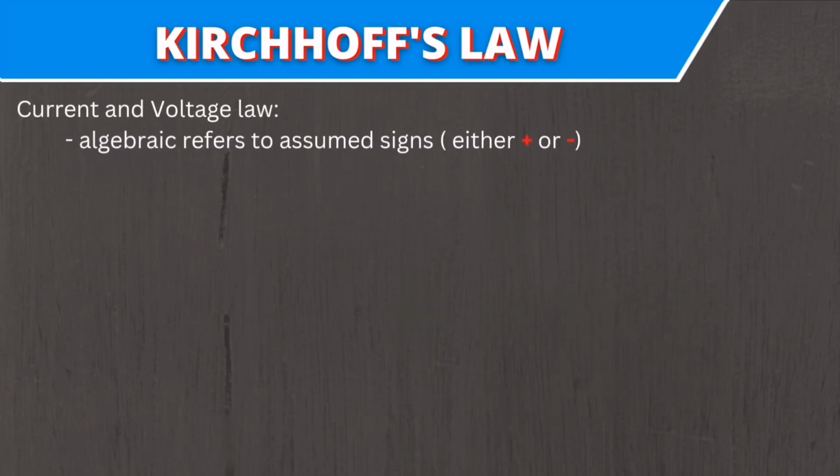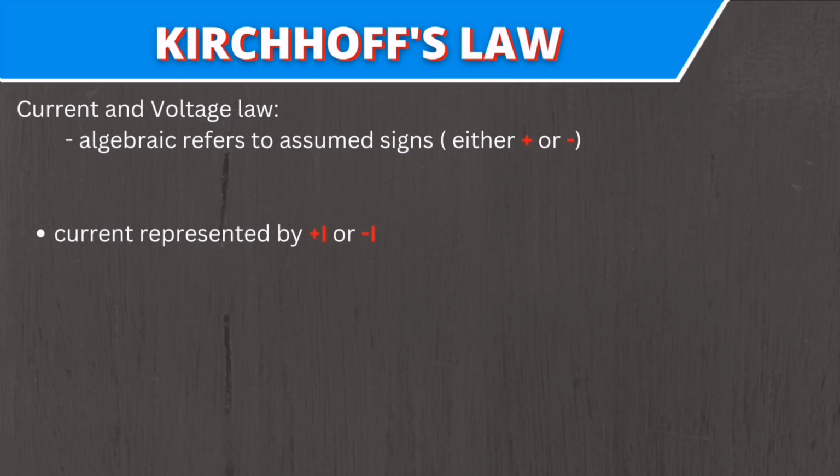In the two laws, current law and voltage law, the term algebraic refers to the arbitrary assumed signs plus or minus given to indicate current directions, EMFs and resistance voltages. Guys, you have to take note of 3 quantities used in this law.